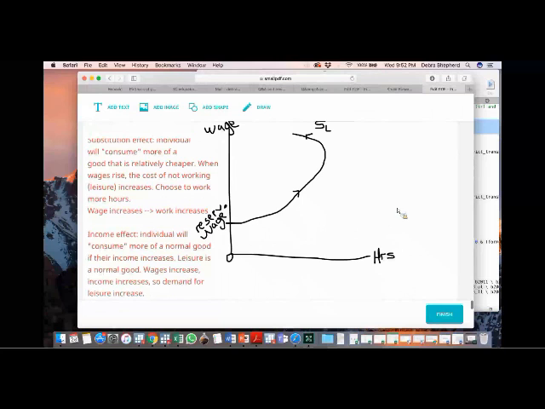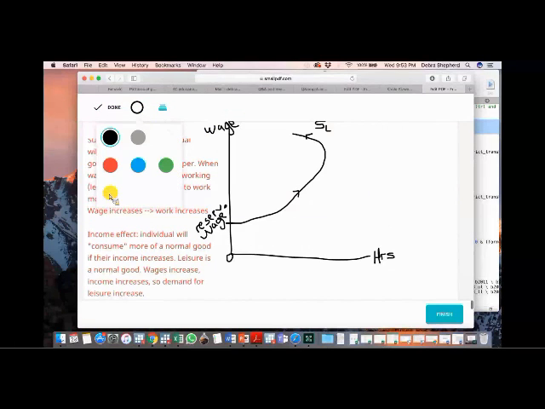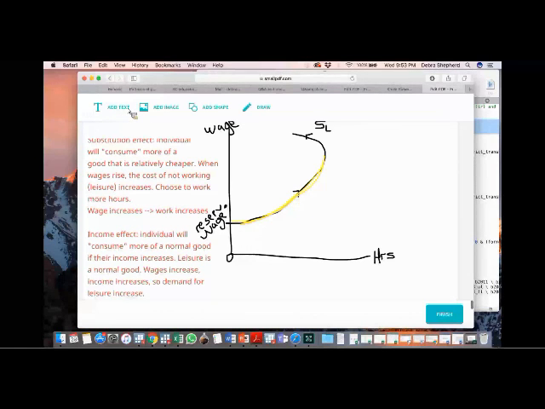So what this means is that when you are on the upward sloping part of the labor supply curve, that means that the substitution effect dominates the income effect.